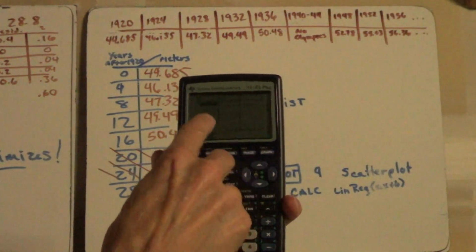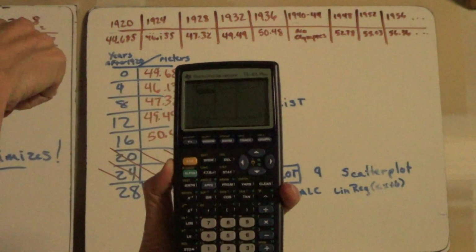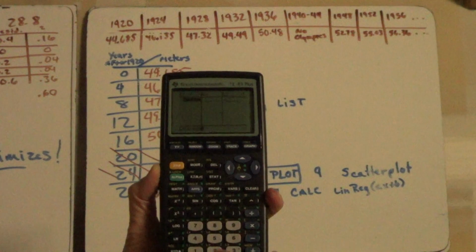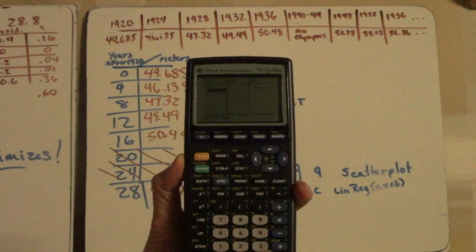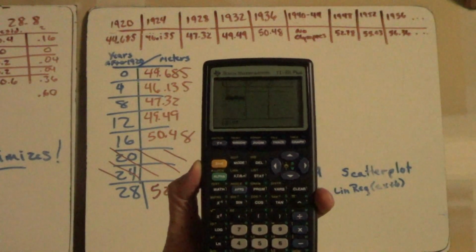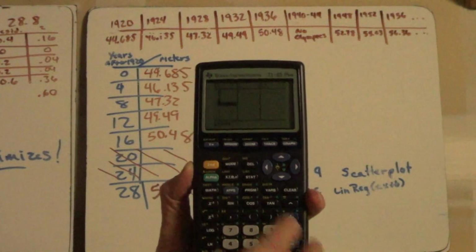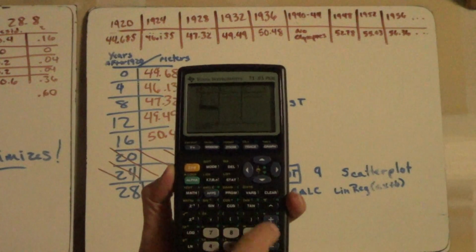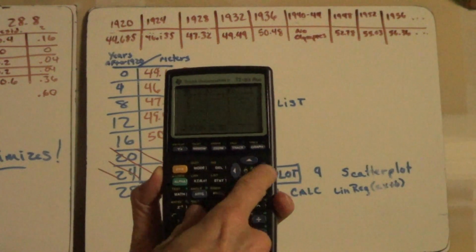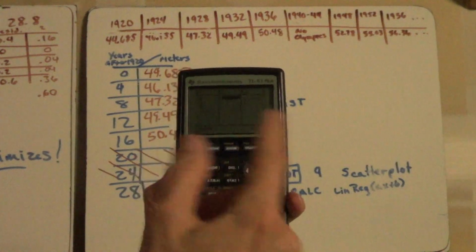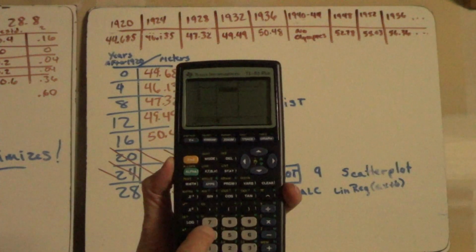That will bring up your list. So in list 1, go ahead and put your 0, enter, and 4, enter, 8, enter, and go down through that list. Then when you get done with that list, come up and go over to list 2 and enter those.